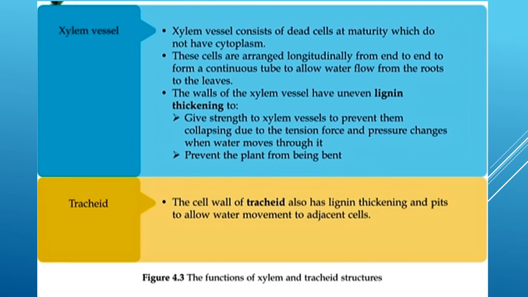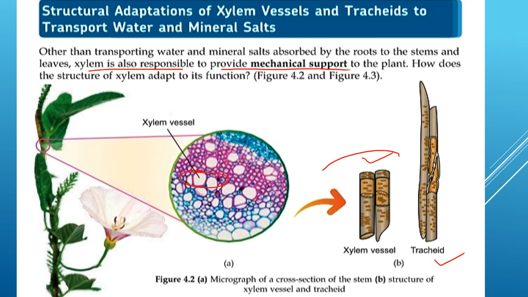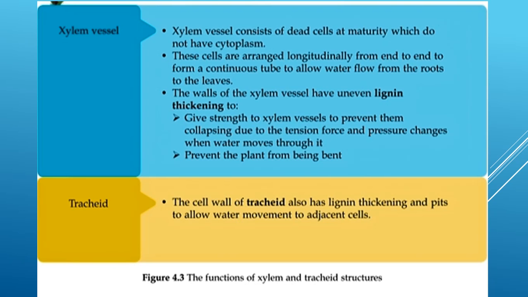Xylem vessels consist of dead cells at maturity and do not have cytoplasm. These cells are arranged longitudinally from end to end to form a continuous tube, so that it will allow water flow from the roots to the leaves.